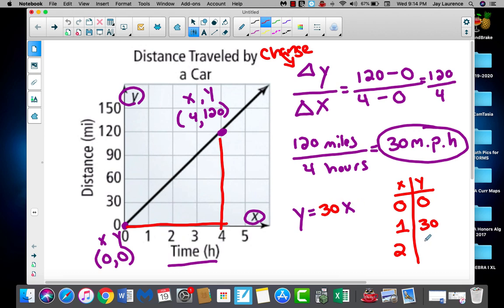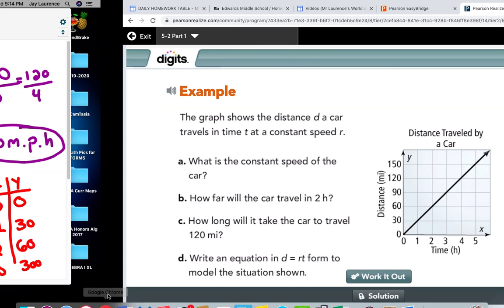That's what 30 miles per hour means. It means every hour you travel 30 miles. So if you drive for 10 hours, you would do 30 times 10 and get 300. So in 10 hours, I would travel 300 miles if I was traveling at an average rate of 30 miles per hour. It's pretty simple.